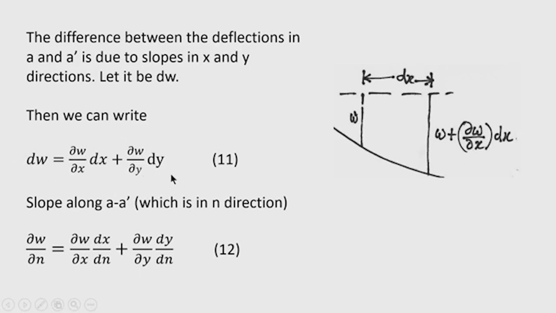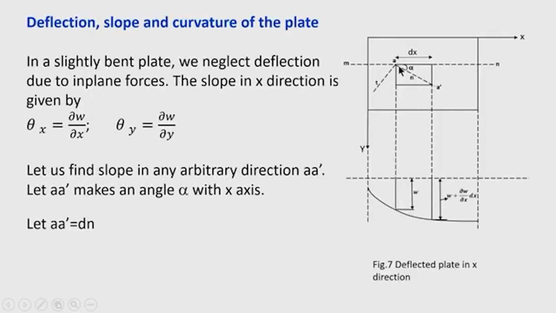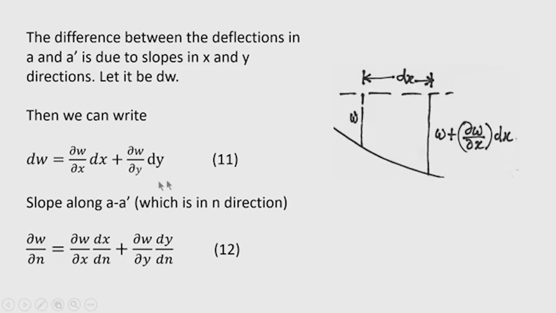So, this equation is written. We are interested in finding the slope along this direction, that is the n direction. So, the slope in the n direction, that is the AA' direction, is written as ∂w/∂n equals ∂w/∂x into dx/dn plus ∂w/∂y into dy/dn. So, this follows the chain rule of calculus.